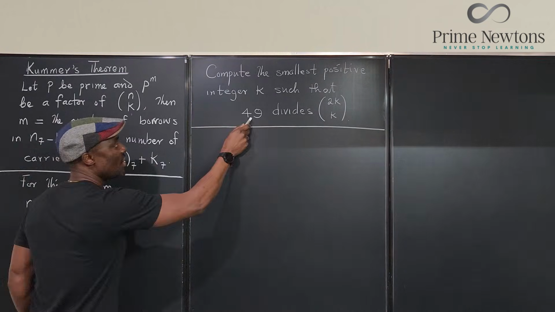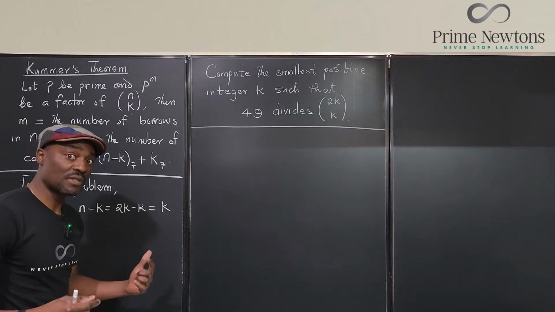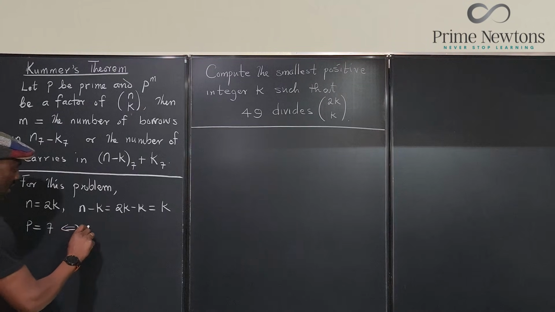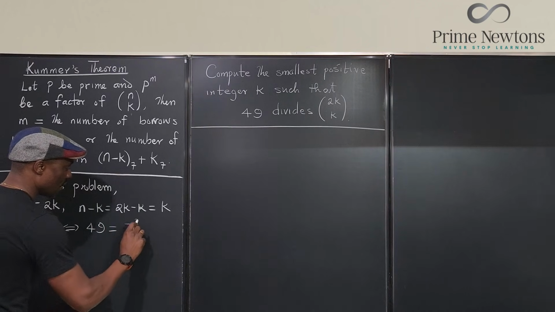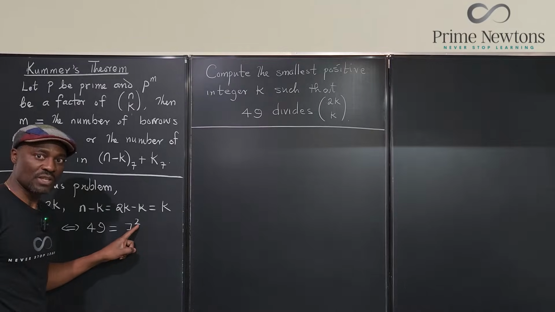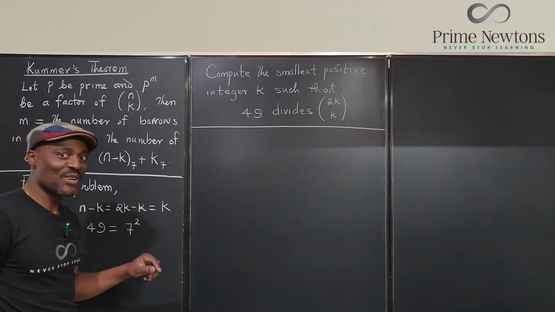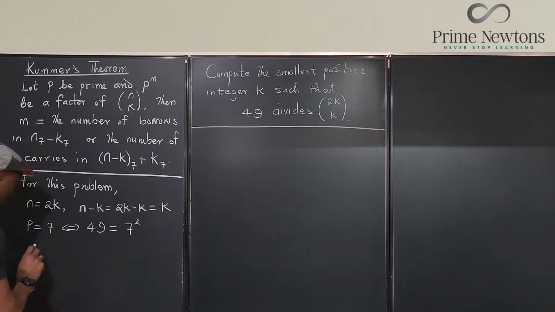Well, what prime number is 49 a power of? 49 is a power of 7, so it's 7 squared. So we also know that p equals 7, which means that 49 can be written as 7 squared. So clearly we have found our m already. Remember, they're not asking us to find m, they want us to find k, which implies that m is equal to 2.